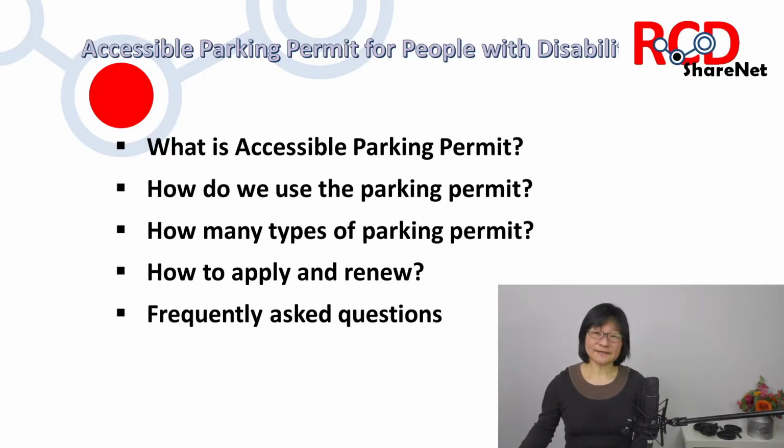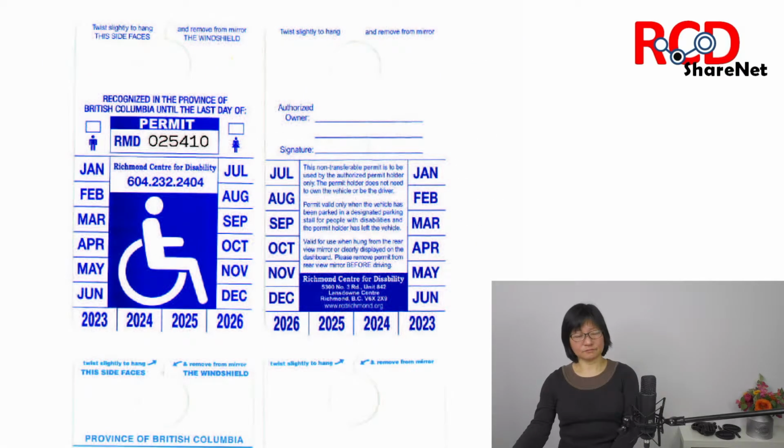So we can look at the next slide, slide 2, to see how many types of permits we have. You can see here that they're of different colors as well. The navy blue one is the permanent permit, and the permanent permit has a little bit more information on it.